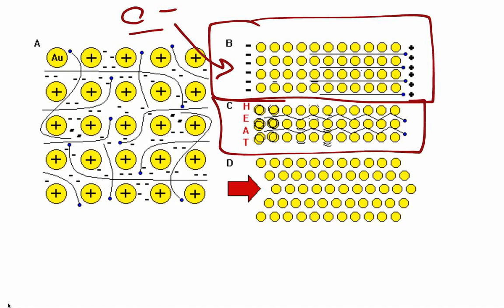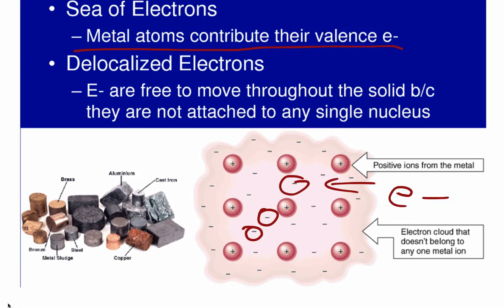Heat is really just motion, and if these things aren't locked in place really hard like an ionic substance, if they're a little bit more free to move because of the delocalized nature, then it can transfer heat really well. Ionic compounds aren't really good at transferring heat. Metals are, because temperature is really energy or motion.